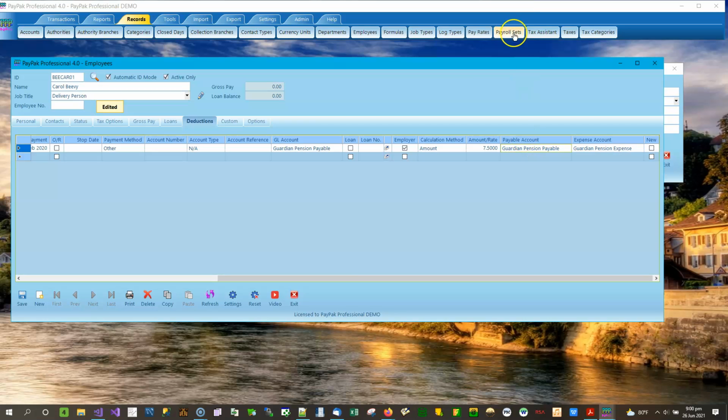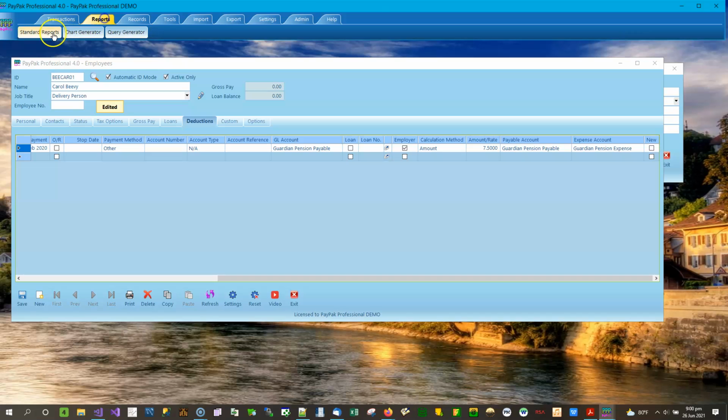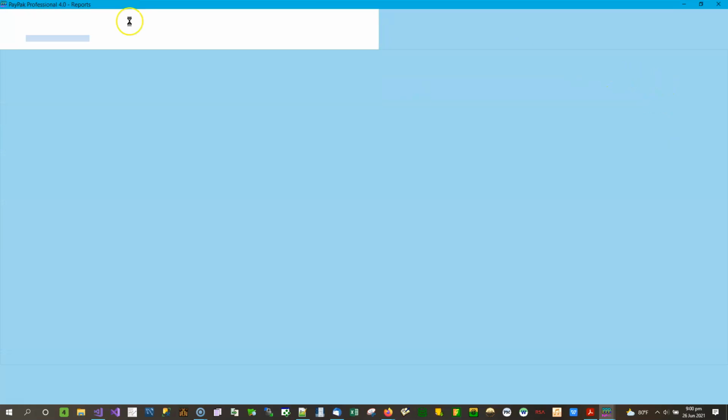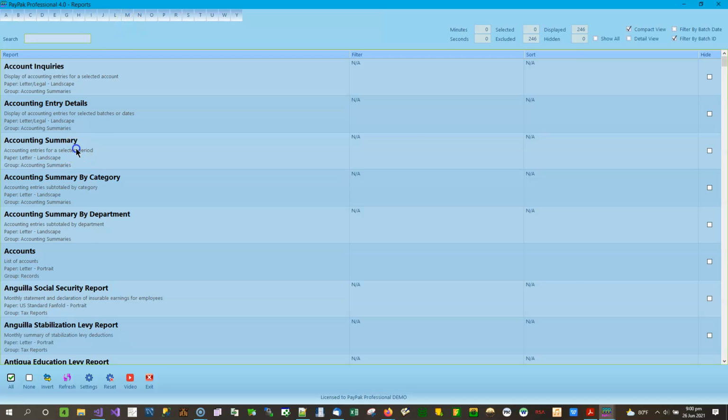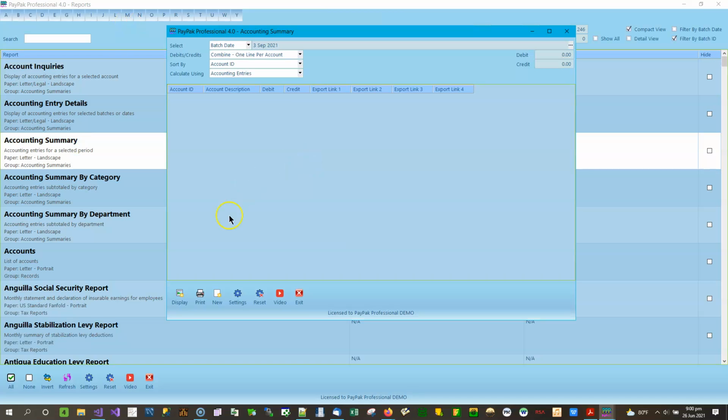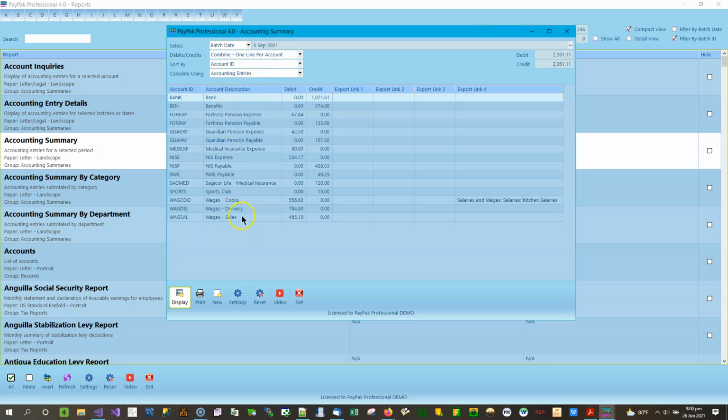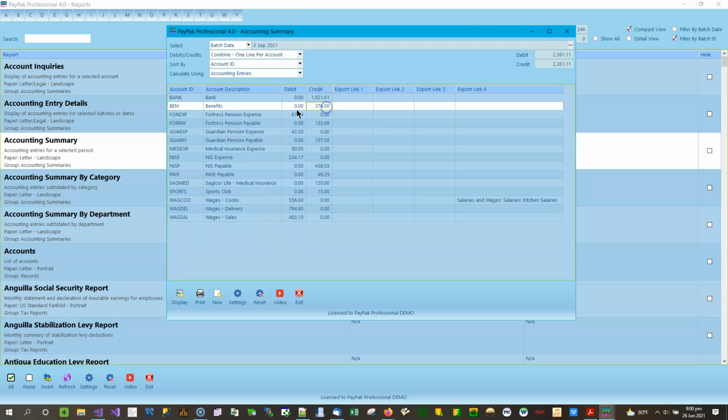That's how they're assigned. When it all comes together, once the batch is posted, you will then get the accounting summary, which looks like this. Okay, so there's the bank account. This is a payment, a credit to a benefit account.